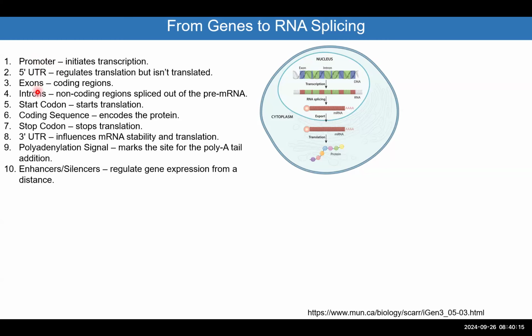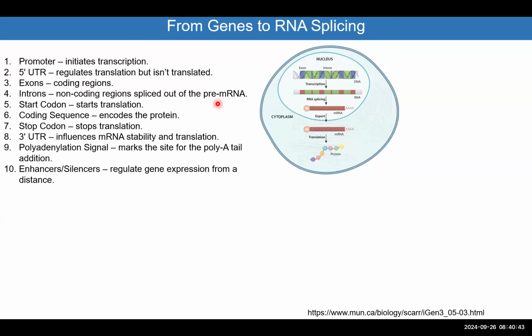Now, looking at the gene itself, in order to be functional, it has to have a promoter, which is the initiation of the transcription. It also requires some flanking regions that are not translated to the protein, and these we call untranslated region on the 5' end and the untranslated region at the 3' end.